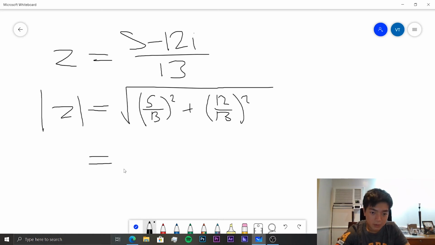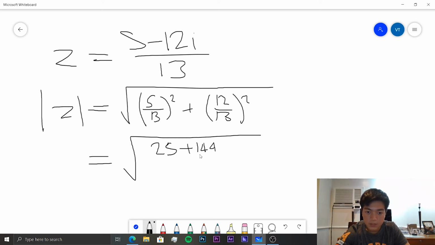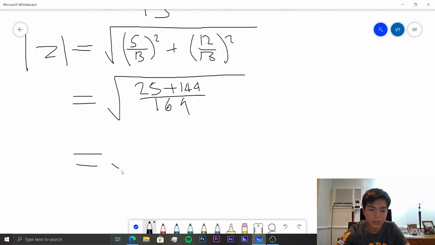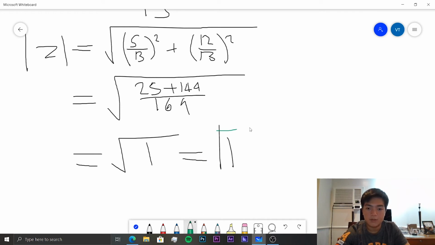And so this would be equal to the square root of (25 plus 144) over 169. And actually, you'll find that this is equal to 1. So we have the square root of 1, which is equal to 1, since 25 plus 144 is equal to 169. So the modulus would be 1.